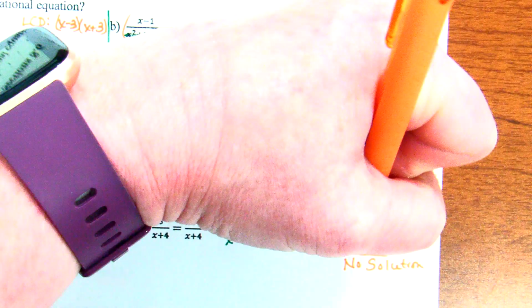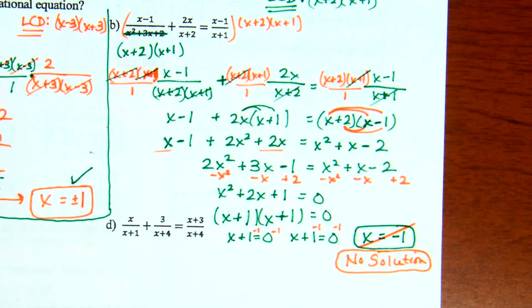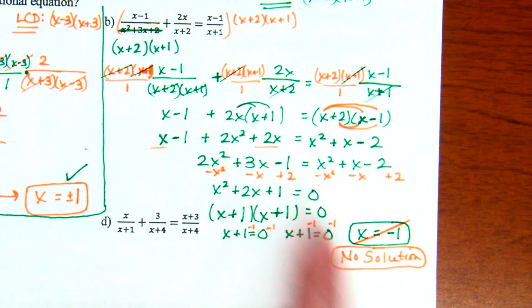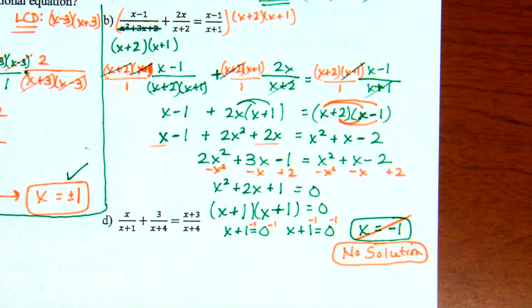And again, that's because if we check our restrictions on the variable, we would have found out right here that x cannot equal -2, x cannot equal -1. Well, we got x equals -1 as our solution after all that work. So, no solution. So be aware, be checking your answers.